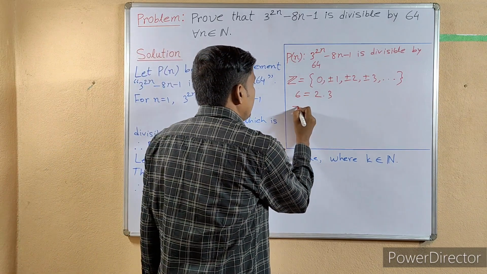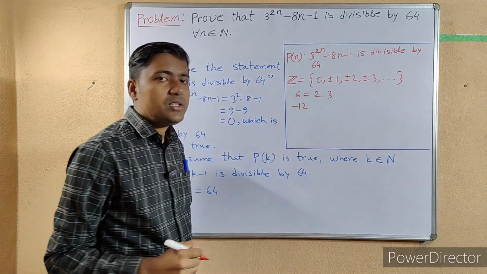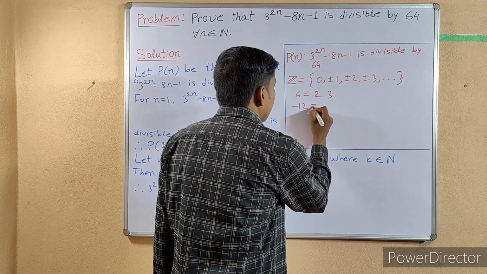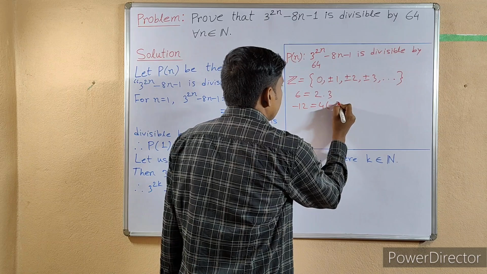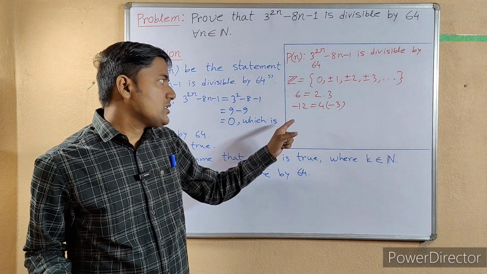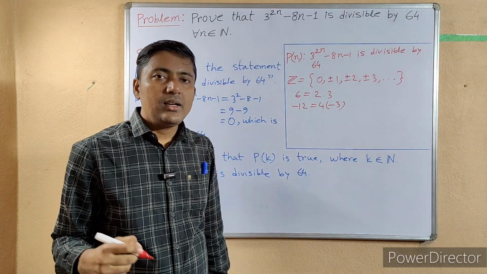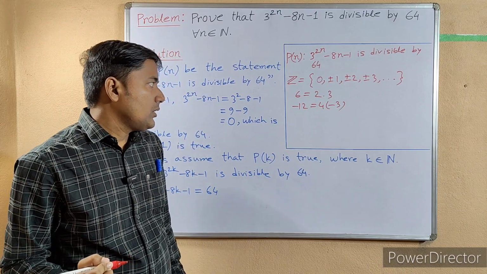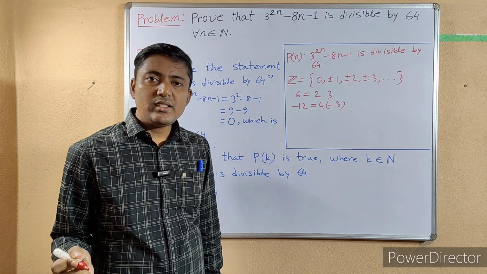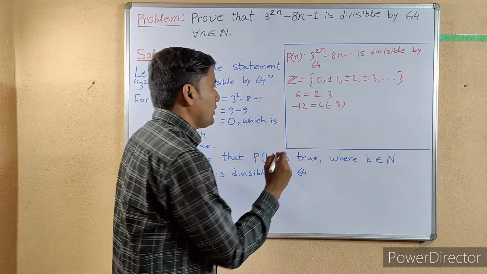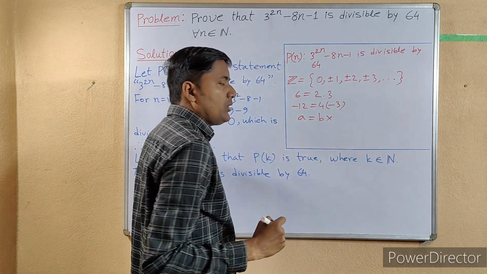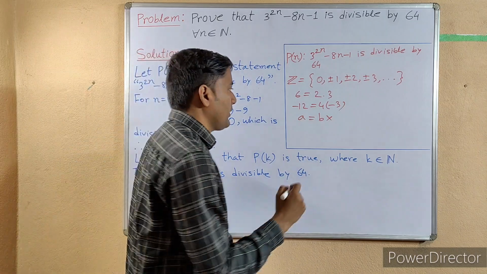Again, minus 12 is divisible by 4, and we have minus 12 equal to 4 into minus 3. That is minus 12 equal to 4 into some negative integer. So a is divisible by b means a equal to b into some integer.